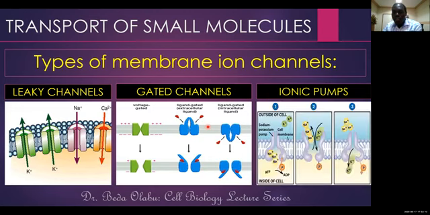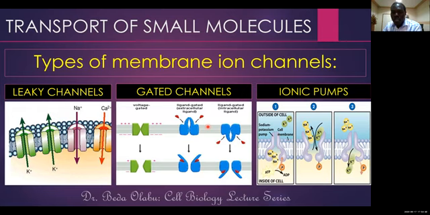A good example, and we'll be talking about this more tomorrow, is the sodium-potassium pump. That particular pump is usually an enzyme at the same time, so some books will call it sodium-potassium ATPase. It's an enzyme that breaks down ATP. You can just call it sodium-potassium pump. A common molecule, we'll be talking about it more tomorrow.